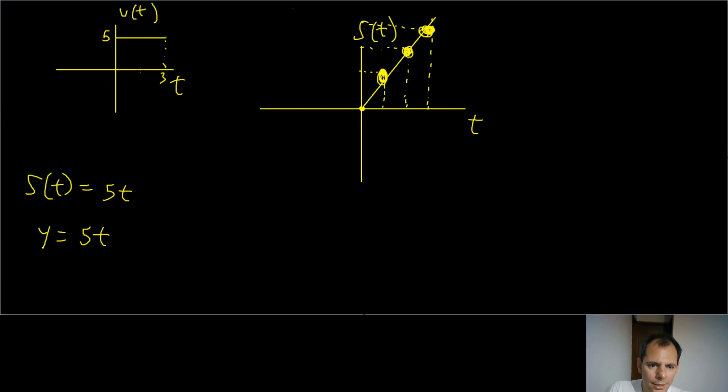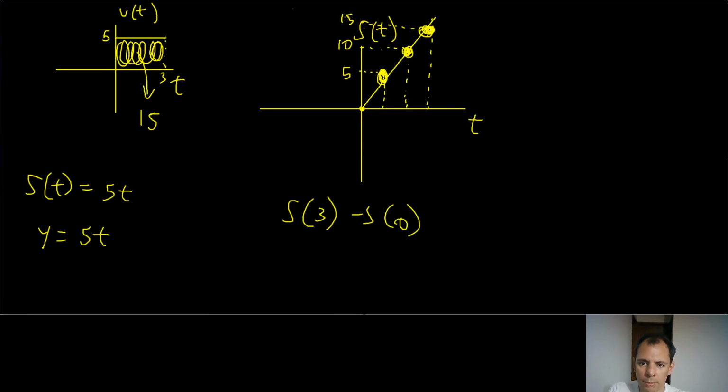Because this is 3 and this is 5, what's going to be the value of this area? This is going to be 15, right? Now, in this graph, what is 15? This is 5, this is 10, this is 15, because it's the graph of the space. So if you do s of 3 minus s of 0, what's going to be s of 3?